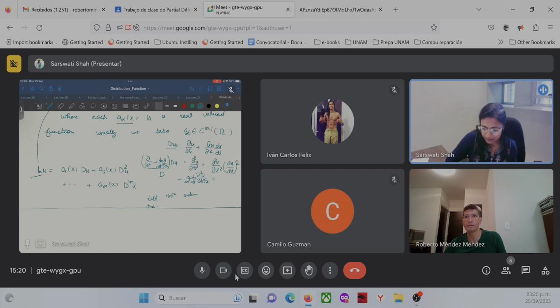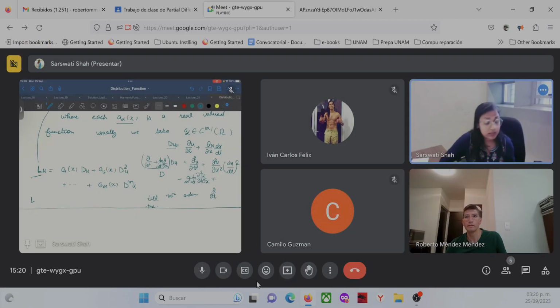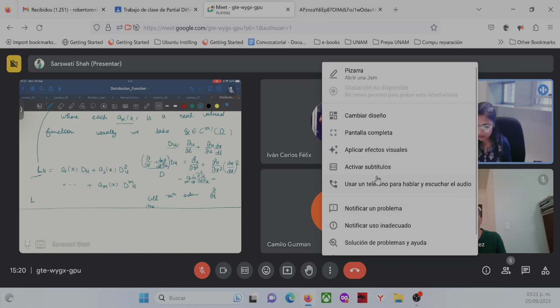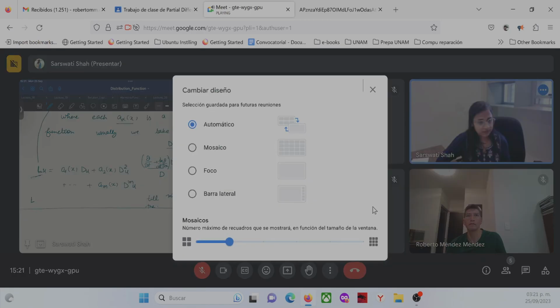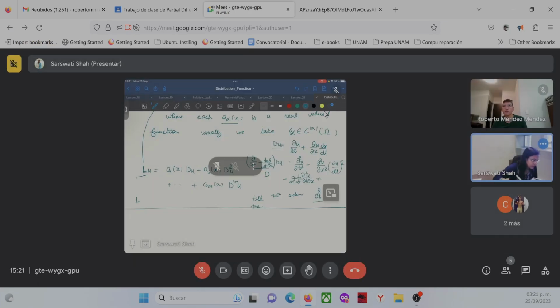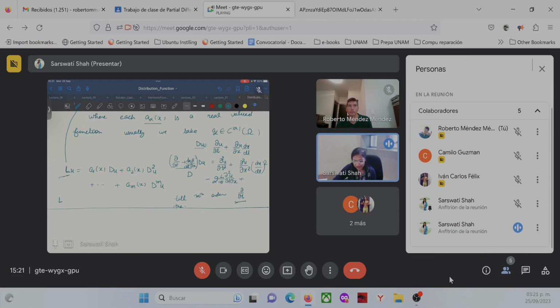Is it clear what this L is? L is an operator. It is called the derivative operator.